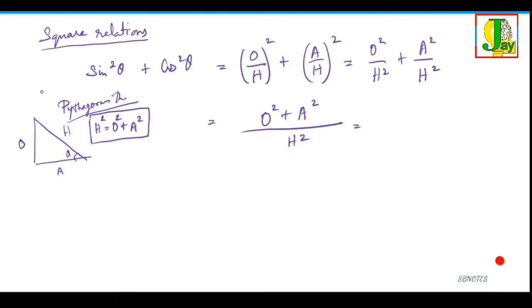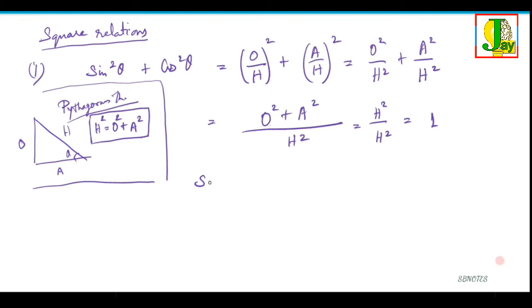So we can apply this here. Opposite square plus adjacent square is actually hypotenuse square. So we get 1.